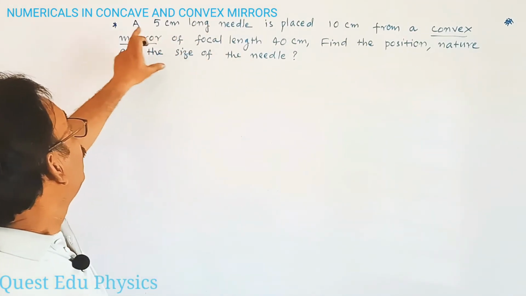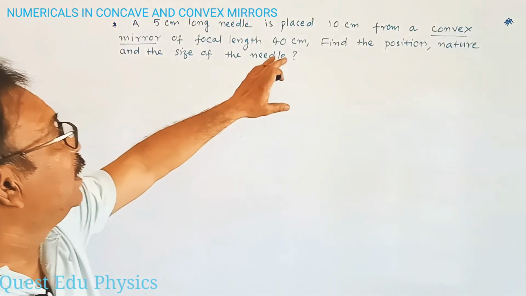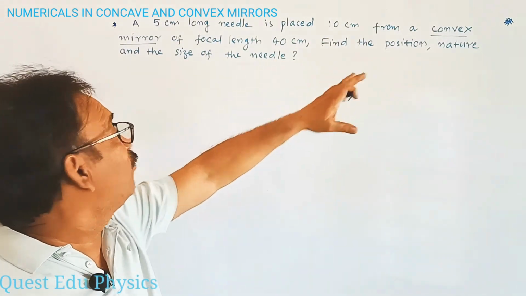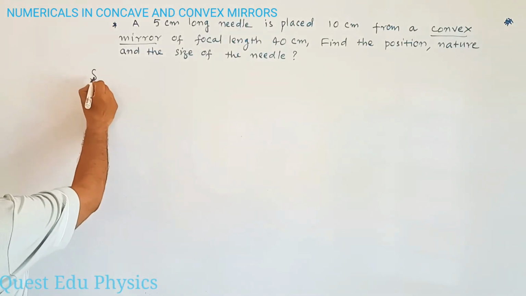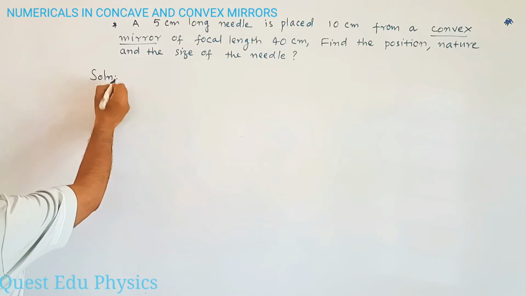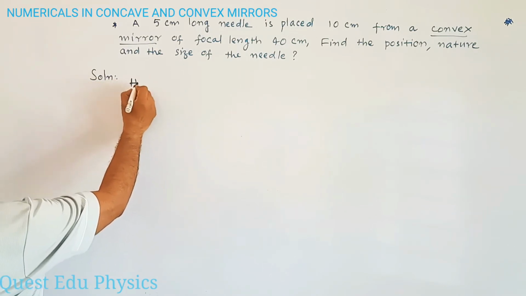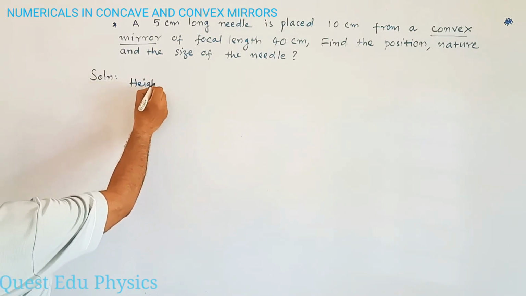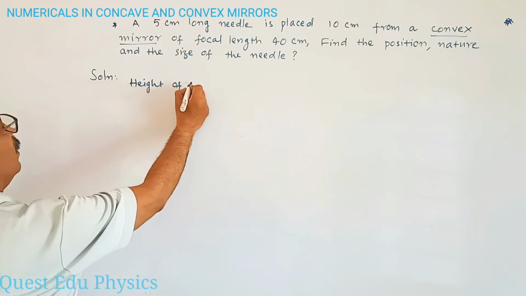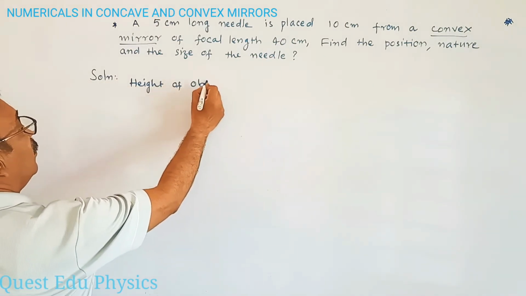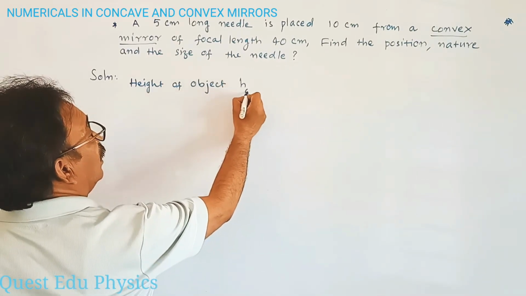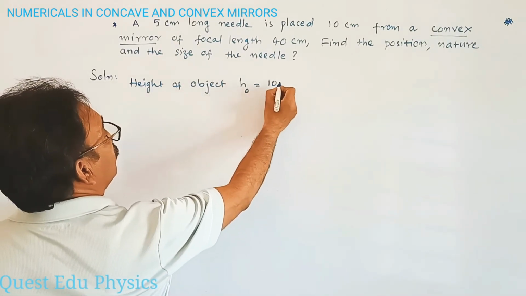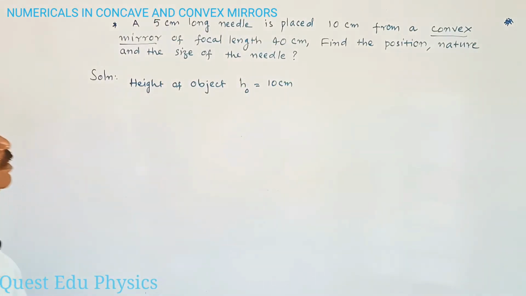Let's see this problem. A 5 centimeter long needle is placed 10 centimeter from a convex mirror of focal length 40 centimeter. Here he gave us, we are doing the solution, height of the object, I mean the needle, HO is equal to 10 centimeter. Okay, students.